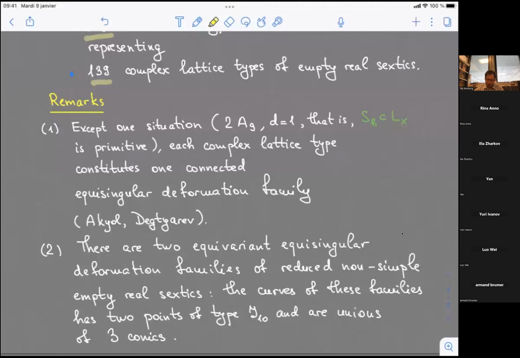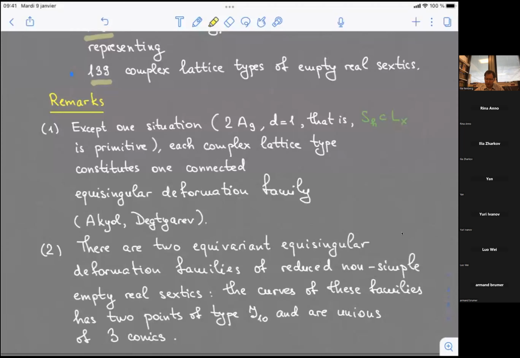First of all, as I said, you can treat easily the case of non-reduced sextics. But if you consider reduced non-simple empty real sextics, then it's easy to show that there are only two equivariant equisingular deformation classes.